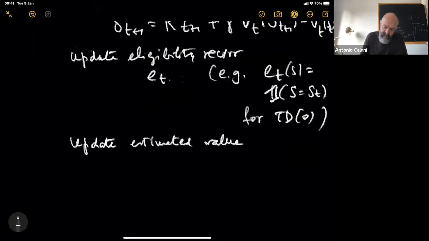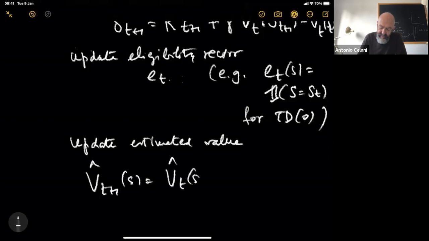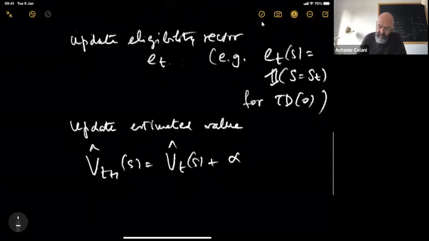Okay, and the way you do it is just your new estimate at any state S is the previous estimate plus the learning rate, which might depend on time. If you schedule it properly, it should. The temporal difference error, and then the eligibility at that time. Okay.